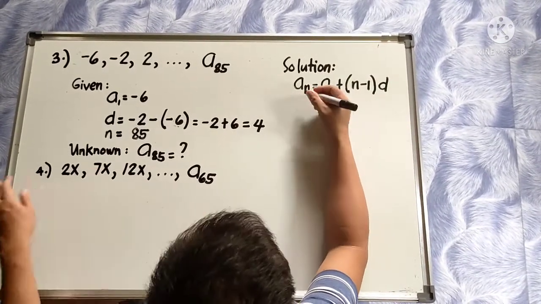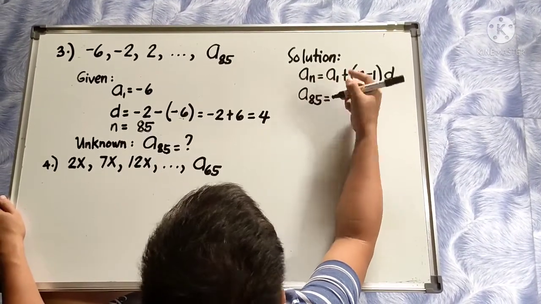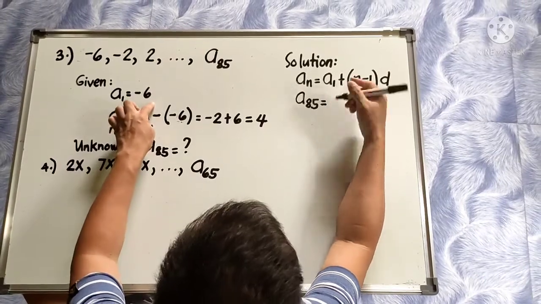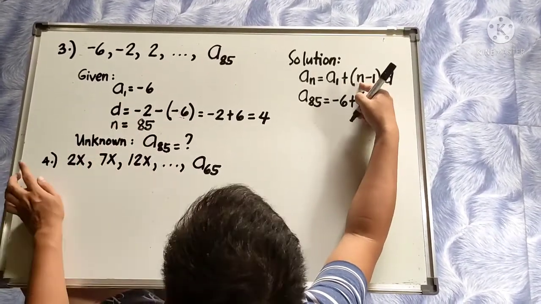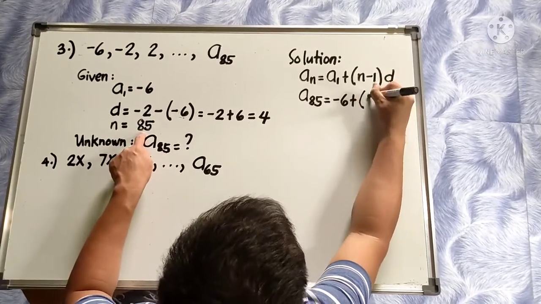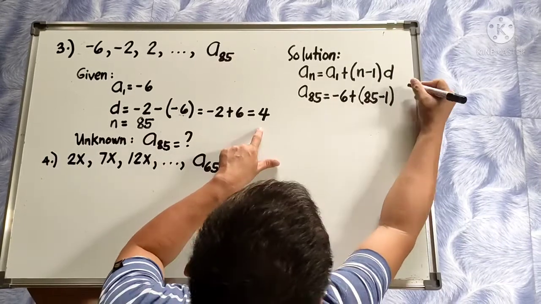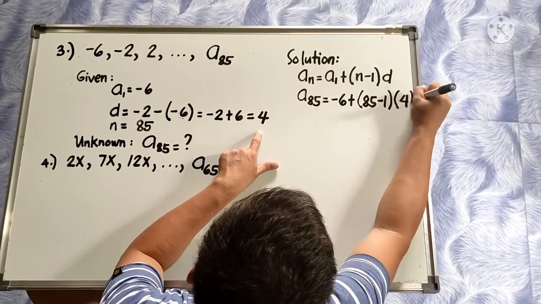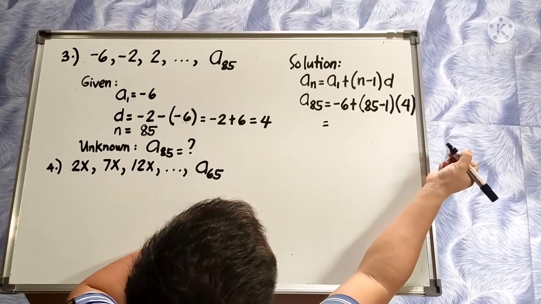Replace your a sub n with a sub 85. So that is equal to a sub 1, which is negative 6, plus, what is our n? n is 85 minus 1 times our d, which is equal to 4. Now, simplify it further.